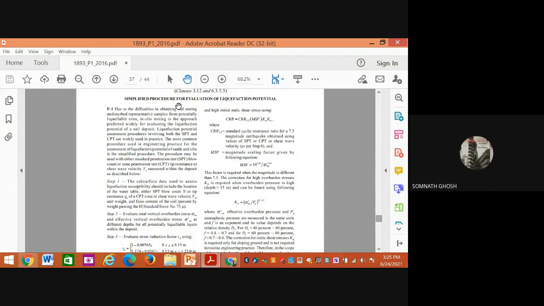But whatever you are finding here, these equations, etc., you basically see Idriss's contribution and many other researchers' contribution. Got my point? Those who have decided to contribute in the field of civil engineering, in geotechnical, in structural engineering, they are not foolish people. Money is not everything in life.